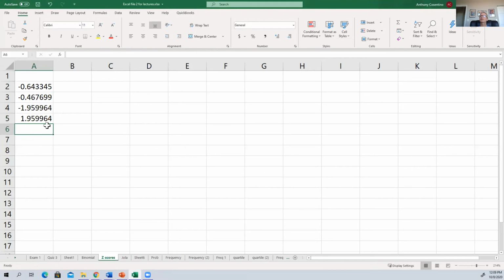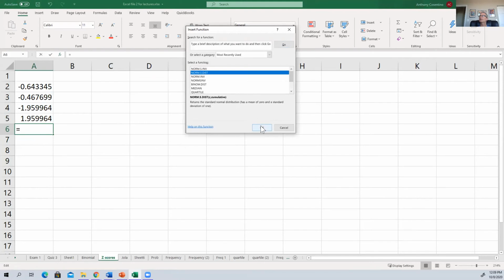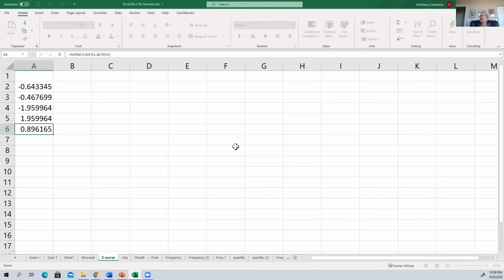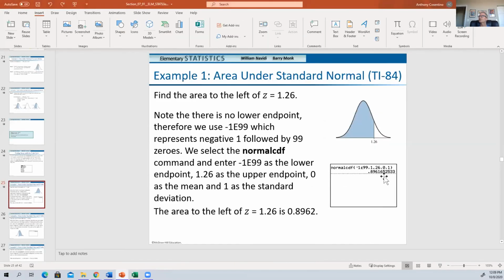So if you do this calculation, it would be more functions and then norm.s.dist. And you see we have 1.26, and this is always true. I wish they would just get rid of that, but they don't. And so you could see that the area is almost 90%, 0.896. And if you use your calculator, you see you get the same thing. And typically you round this to 4 decimals because the z-score tables typically give it to you in 4 decimals. So hopefully the homework will do that as well.